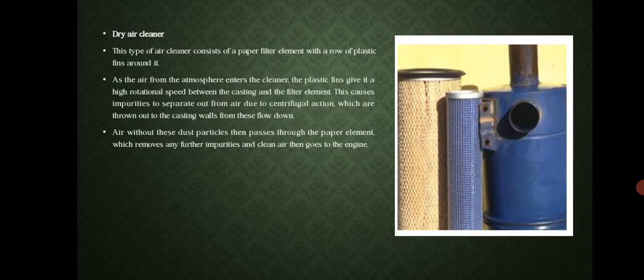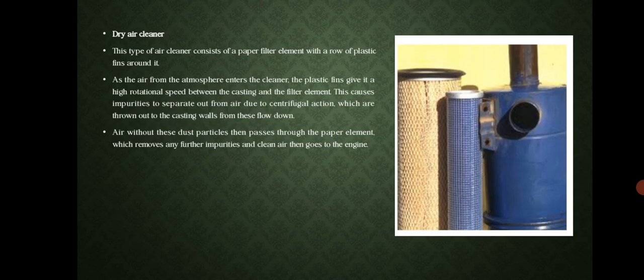Dry air cleaner. This type of air cleaner consists of a paper filter element with a row of plastic fins around it. As the air from the atmosphere enters the cleaner, the plastic fins keep it in high rotating speed between the casing and the filter element.